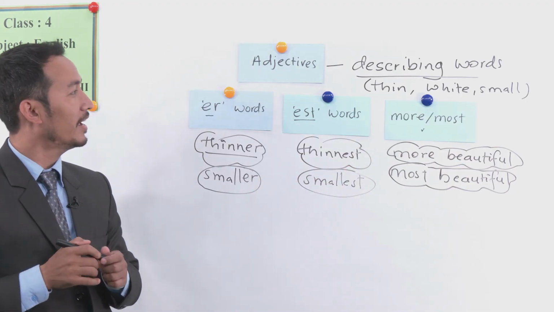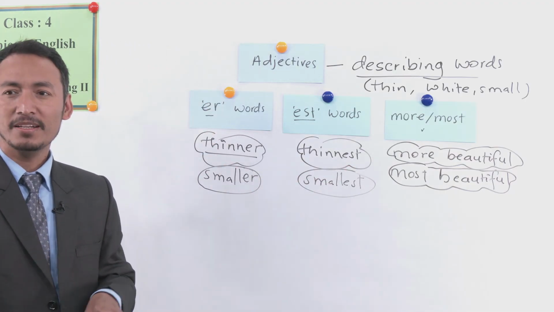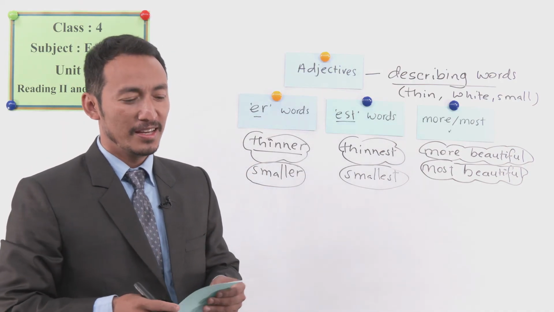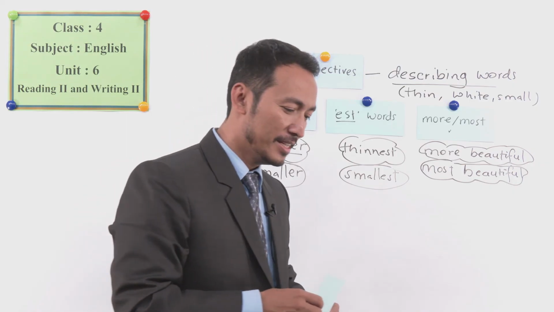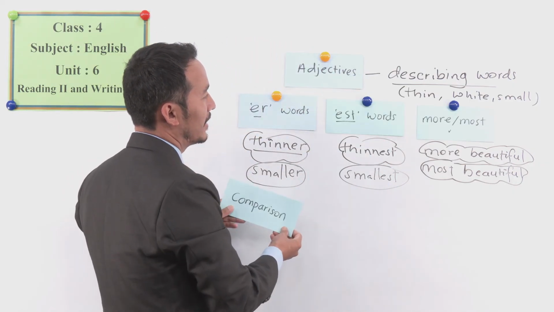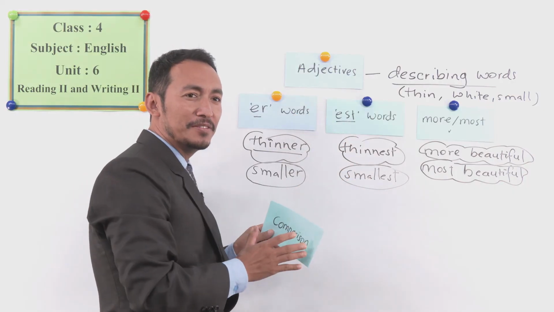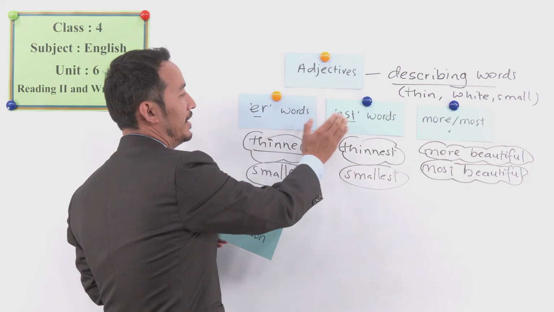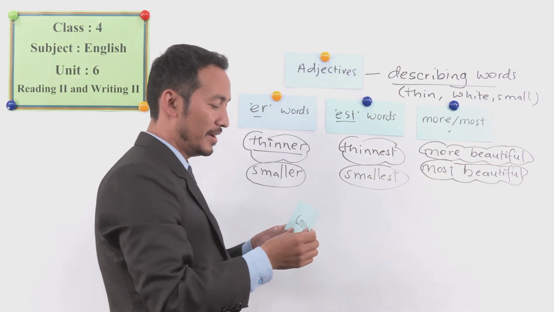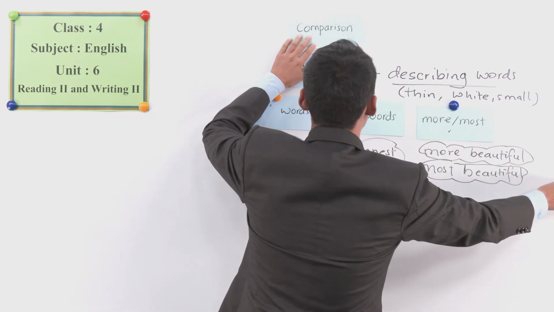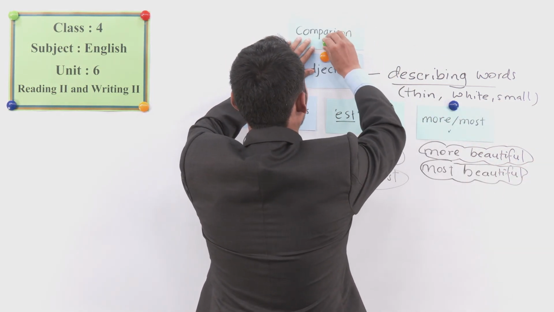Okay, these are adjectives for what? What are we reading now? We are reading about comparison, okay? So we call all these uses of different adjectives with ER, EST or more or most, comparison.